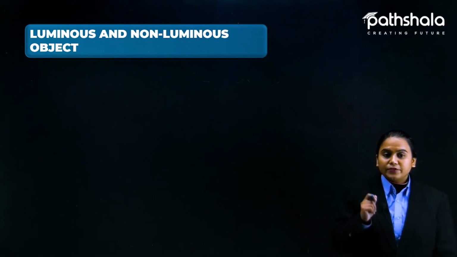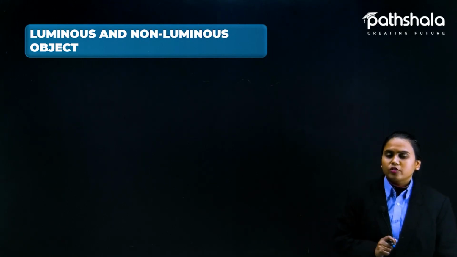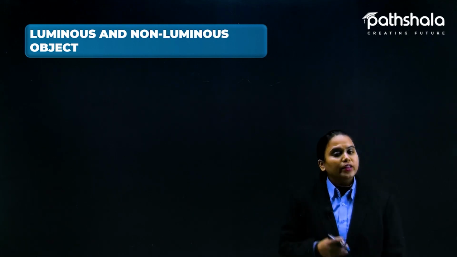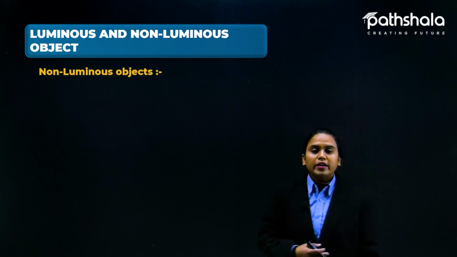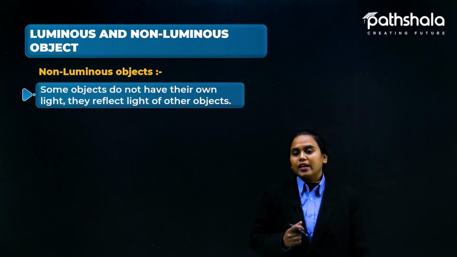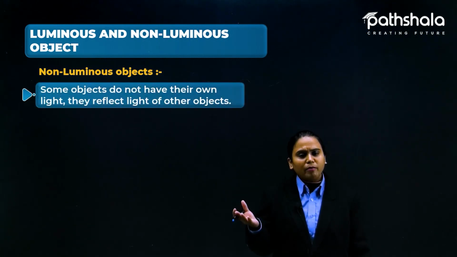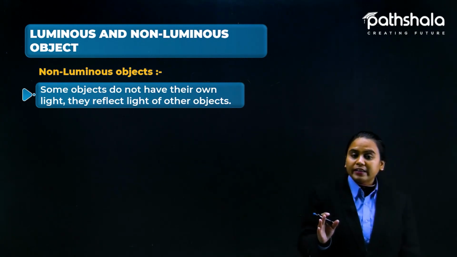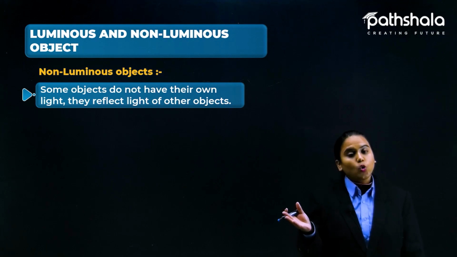We have seen that some objects throw light, but do all objects actually throw light? No. So here we introduce non-luminous objects. Non-luminous objects are simple objects which do not have their own light, but they reflect the light coming from the source.